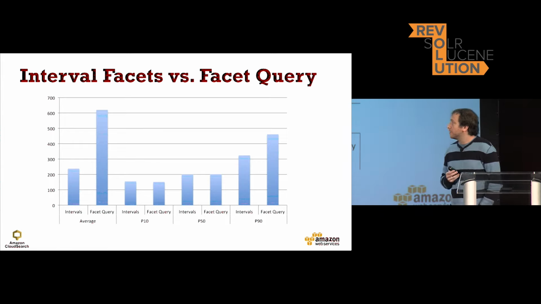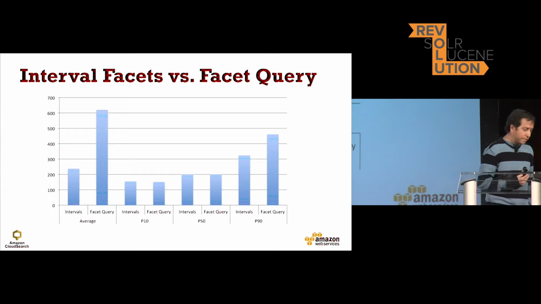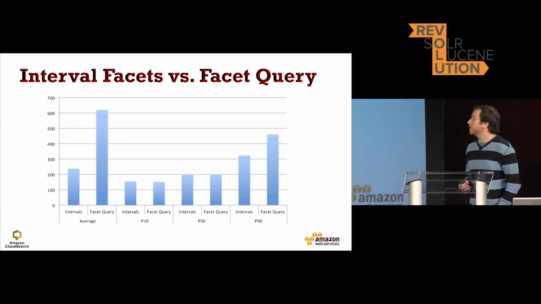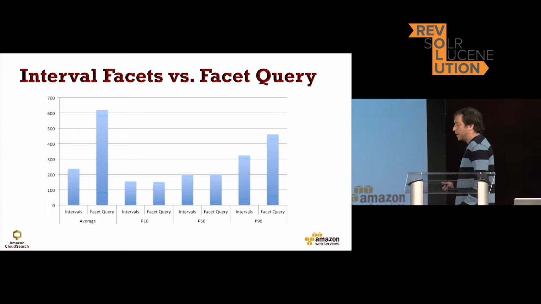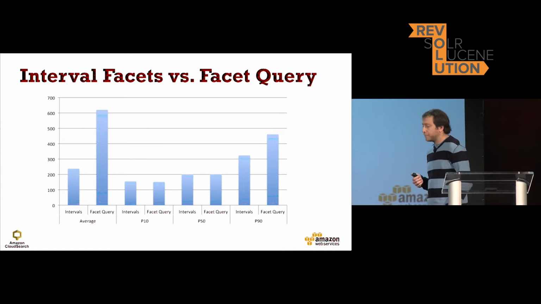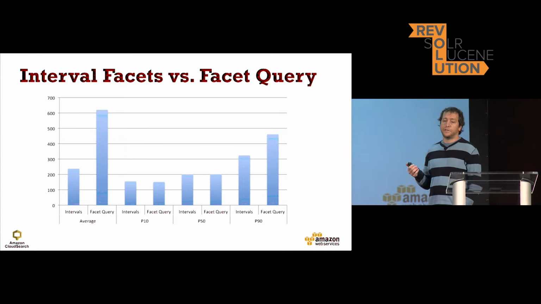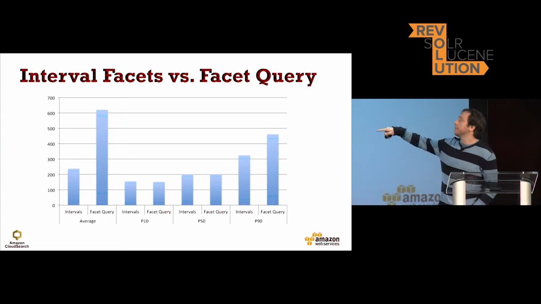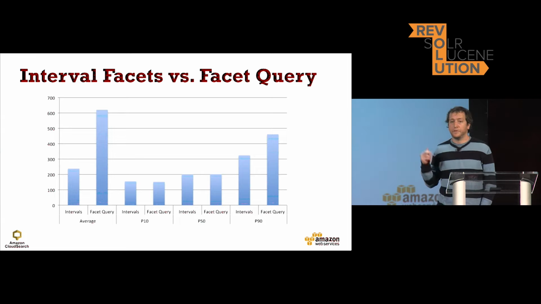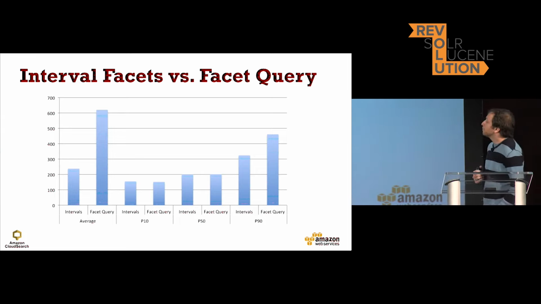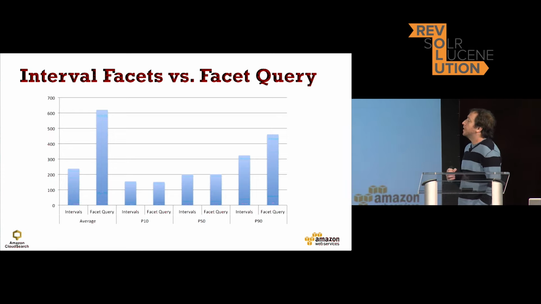So I evaluated the performance on a real index of 100 million documents with some production queries that have around 40 intervals each. You can see how on average, intervals is much better than facet query. This is query time, so lower is better.